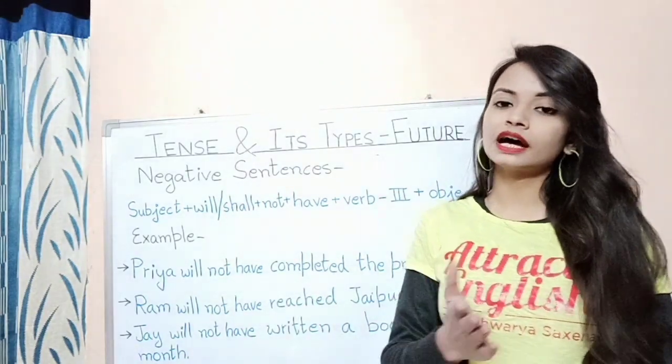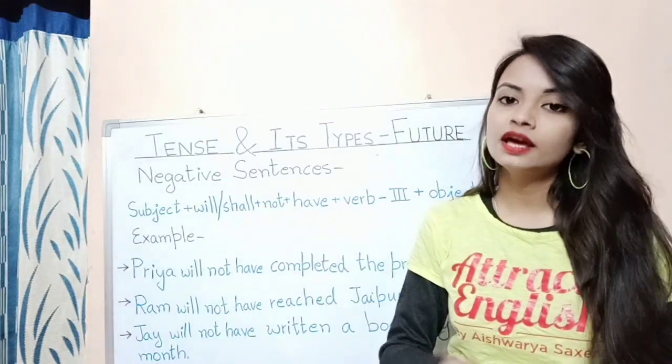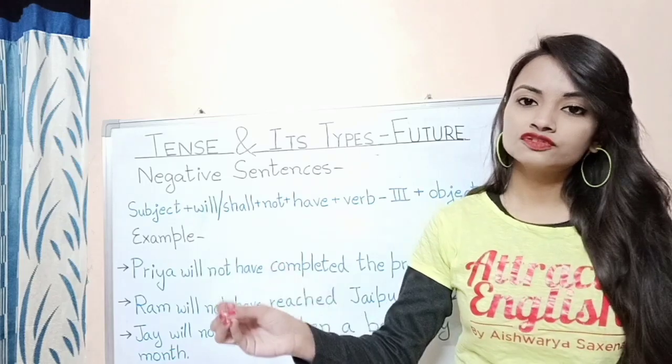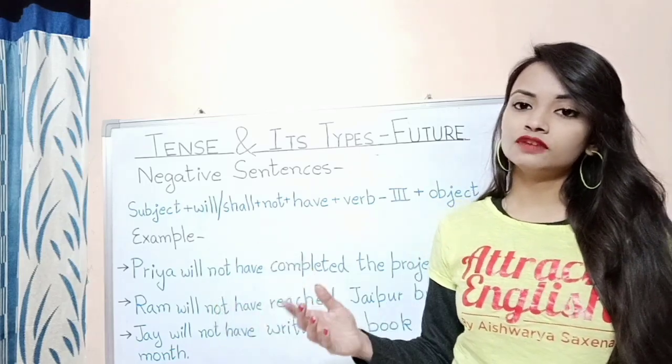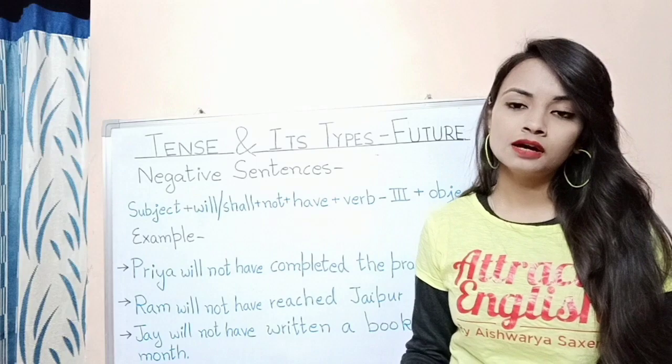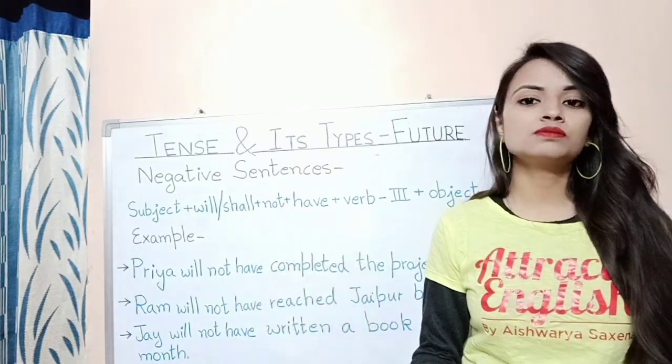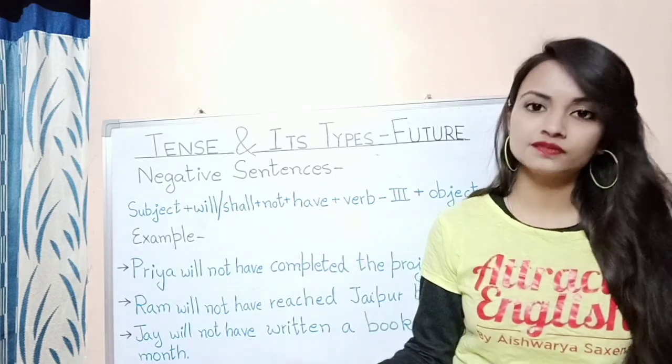It means earlier I was telling about an action that will be done in future by a point of time. But now I am talking about an event which will not be done by a point of time in future. So this is the only difference between a general and a negative sentence.